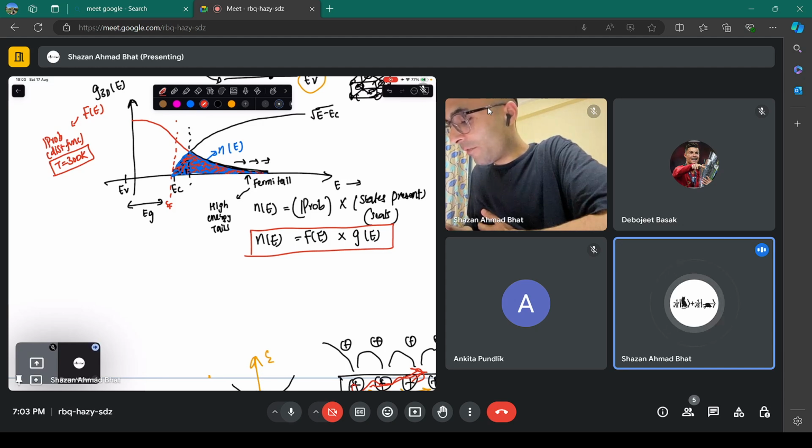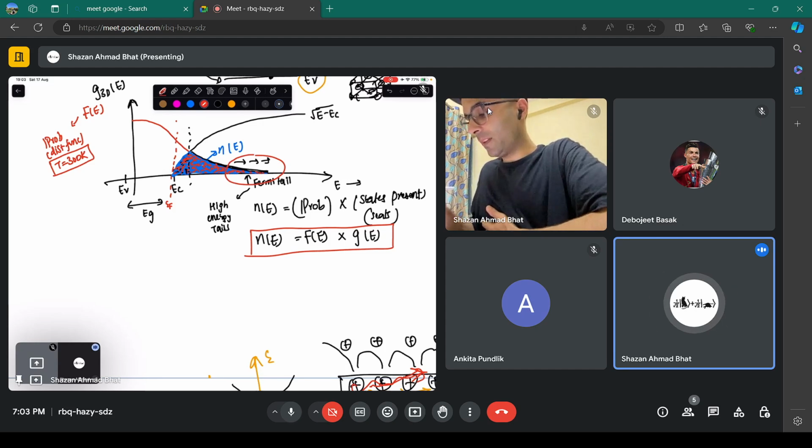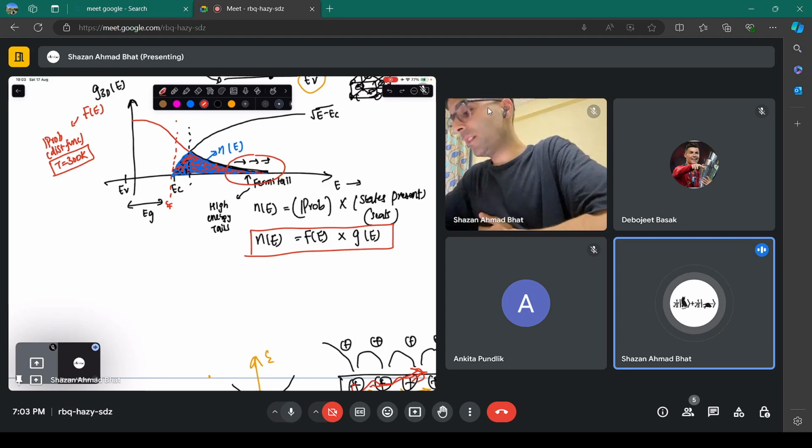But you see that there are very few electrons at higher energy. More of the electrons are localized in this region. But these particular electrons are very energetic and they are available there. Now we are going to see in the slide what role these electrons play in devices, let's say a PN junction device or BJT or any kind of transistor.